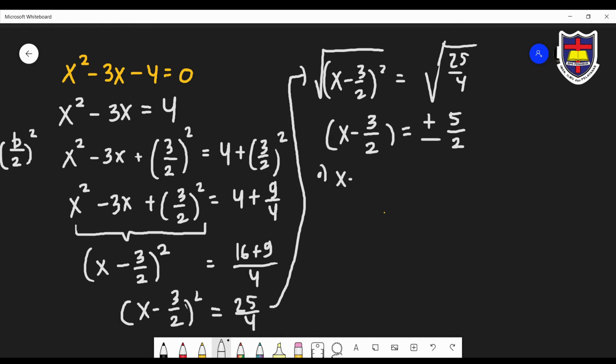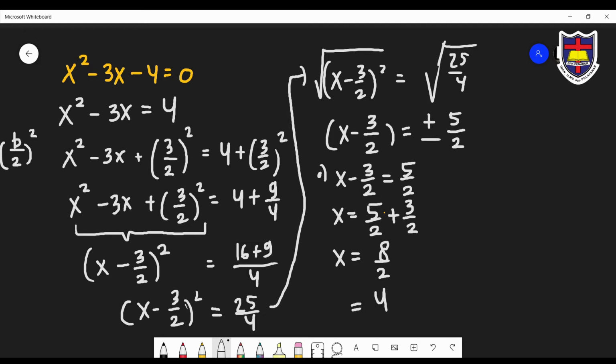The first root: x minus 3 over 2 equals 5 over 2, positive for the first root. So we have x equals 5 over 2 plus 3 over 2, so x equals 8 over 2 equals 4. So this is the first root.